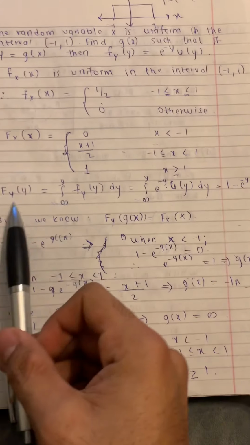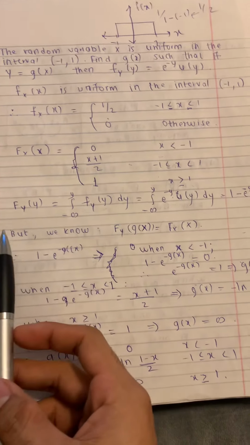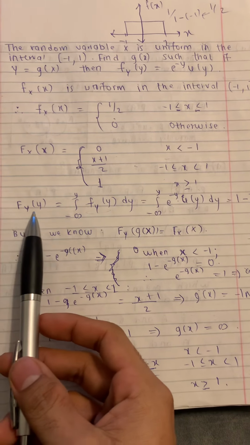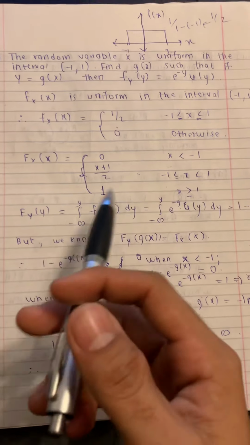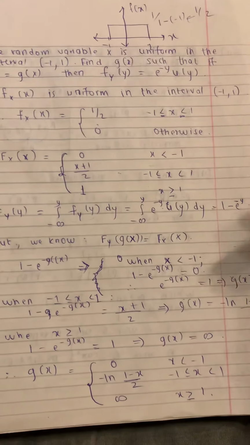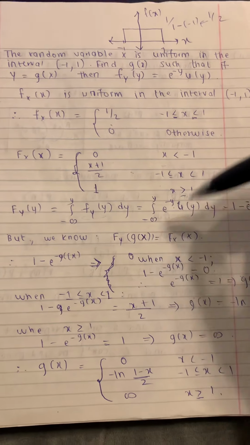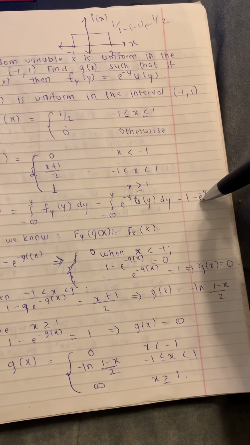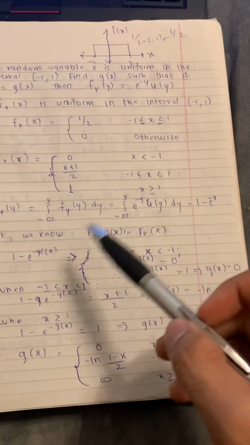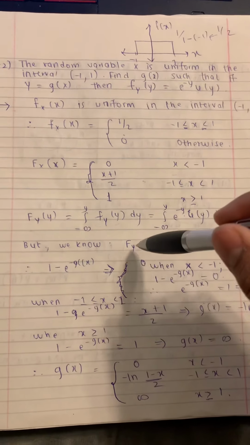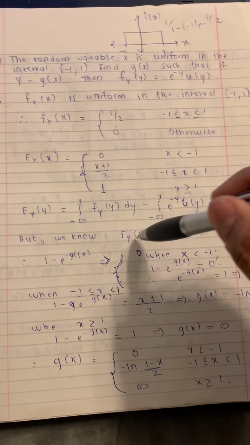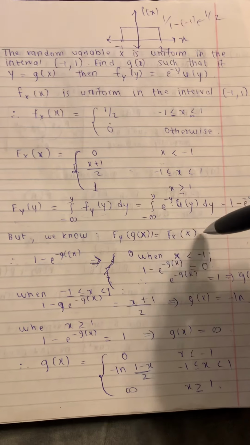So here we have the basic formula. The probability distribution function of y is given by integrating the probability density function from -infinity to y. So I just substituted the values and we have 1 minus e raised to minus y. So we use this probability distribution function: f of y of g of x is equal to f of x of x.